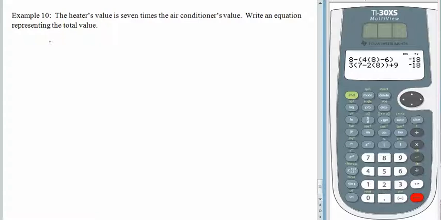Let's start by defining our variables. H will be, of course, the heater's value. A will be the air conditioner's value.